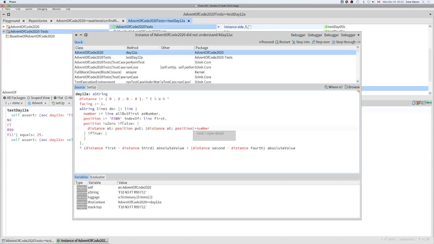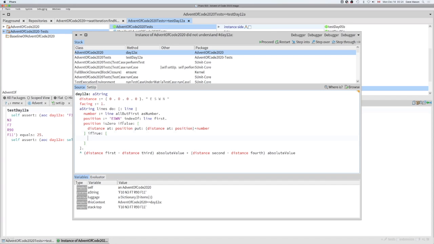Okay, so that's if it is not 0, but if it is 0, then it's either L or R or F. So if the line first is an F, then we're supposed to move forward.